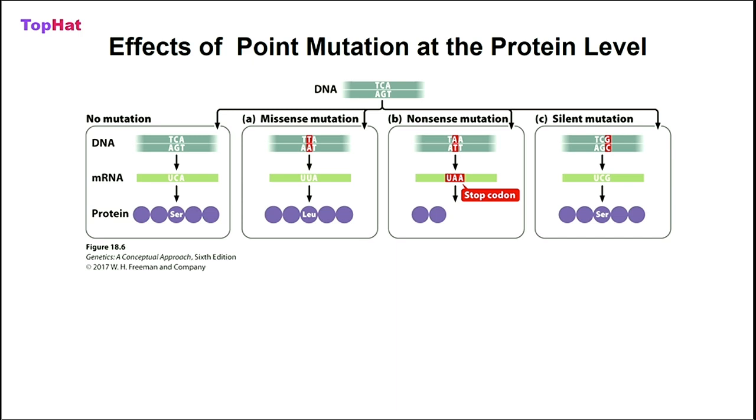And then the last would be if we change the A at the end of the codon in the DNA coding strand to a G. Well, that goes from a UCA in the mRNA to a UCG, which still codes for serine, so that would be a silent. So the three types of effects of the point mutation that we have here are missense, nonsense, and silent. And then there's also the read-through.